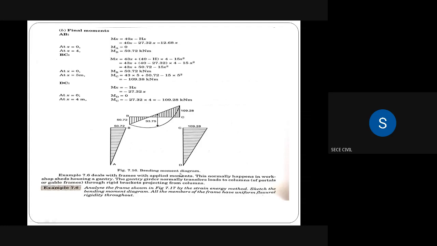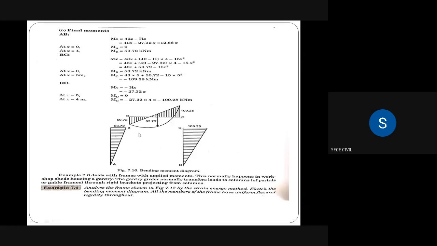Okay, so moment at point A and point D are 0. So moment at point B, for span AB, the moment at point B is 50.72 kilonewton meter. They mentioned positive value to the right side of this span. In this case, the moment at point D is 0. So minus 109.28, then draw the minus portion to the right side of this span.